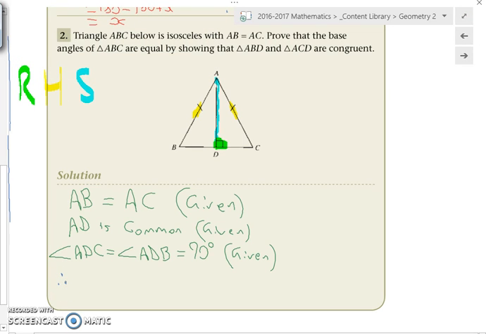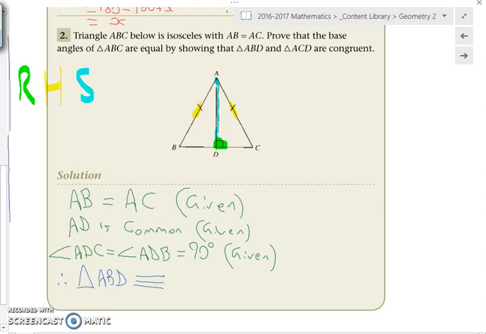Therefore, and this is where we're using congruency. So we say, therefore, triangle ABD, have I done the right symbol for congruency? Yes, it is. Well done. Congruency.